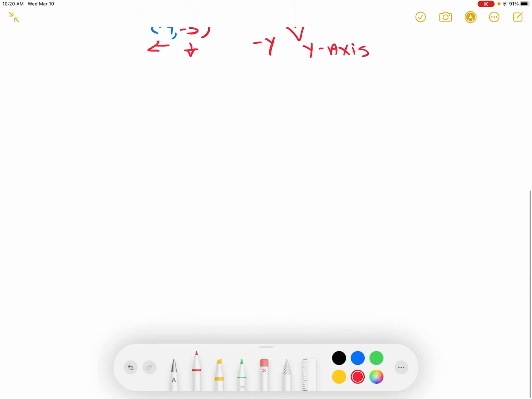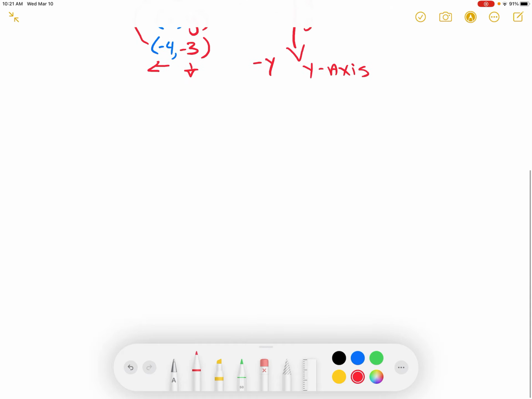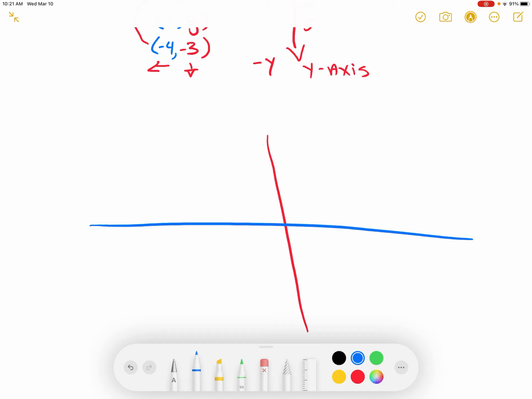Let me clear this and create a new one for you. This works very much like the game of Battleship. Again, you have your positive y's up here, your negative y's down here. You have your positive x's over here and your negative x's over there.